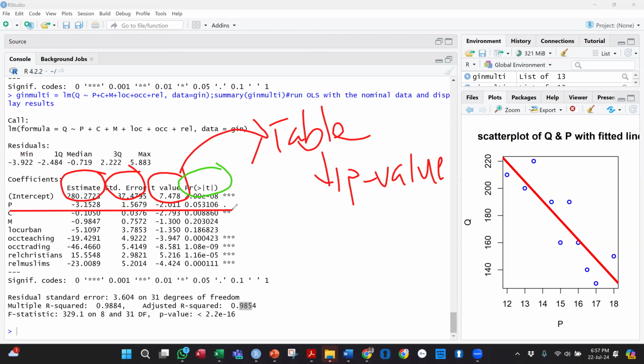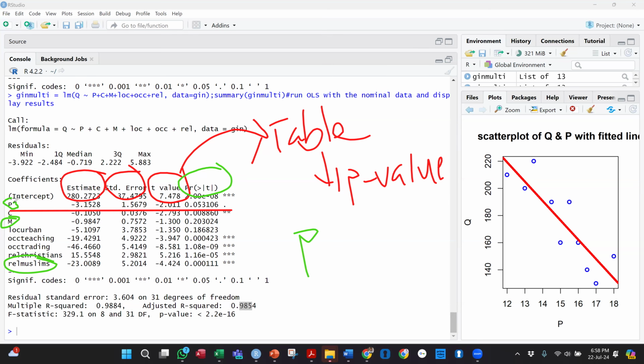Now, in order to determine whether a particular independent variable, say P or M or religion Muslim, is significant, you have to check the p-value. And the rule is very simple.